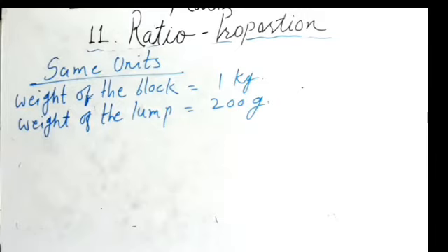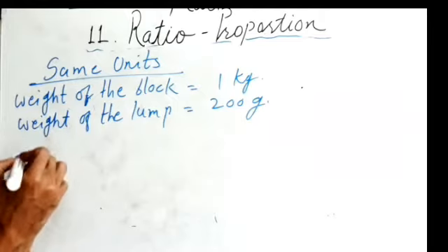that of the block. See, as I told you, whatever quantity they ask first, that name should come to the numerator. So here you have to read the question properly. Find the ratio of the weight of the lump of jaggery.